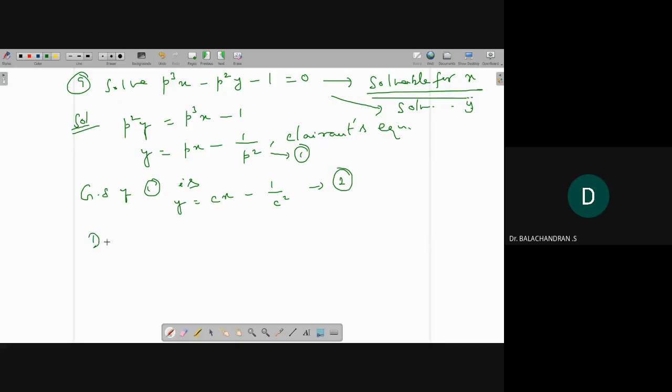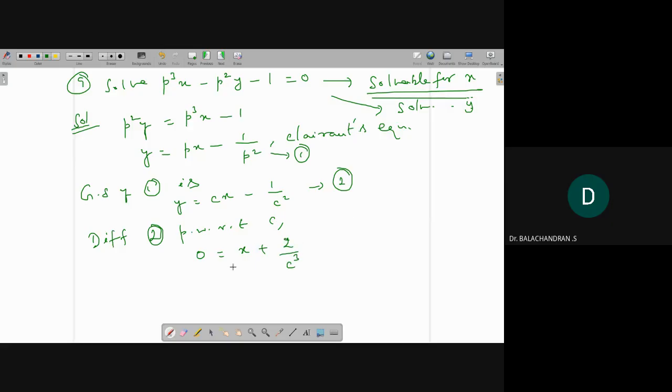So differentiate equation 2 partially with respect to c. You'll get 0 equal to x plus 2 by c cube.